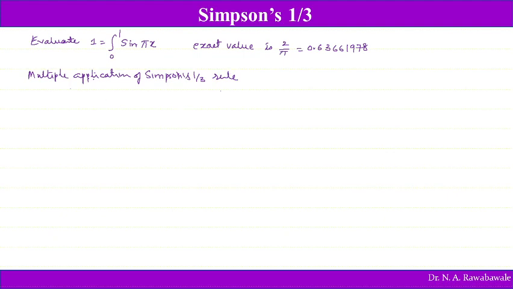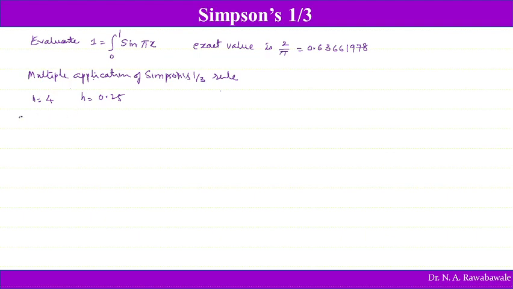Let us divide this into four segments, that is n is equal to 4, whereas h is equal to 0.25. So 1 divided by 4 is 0.25.